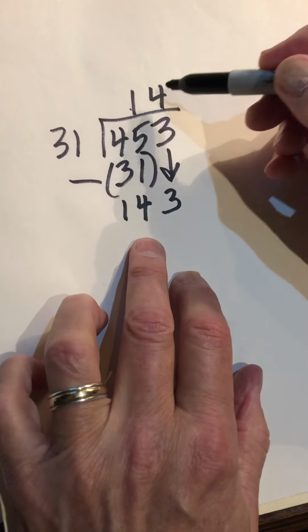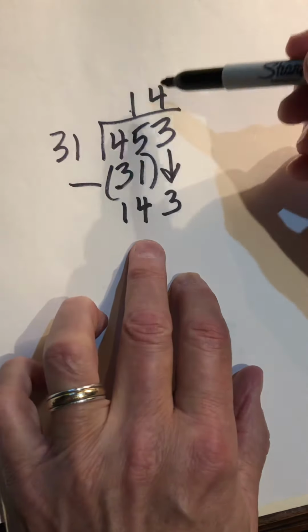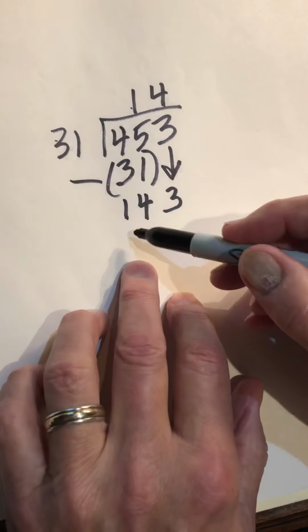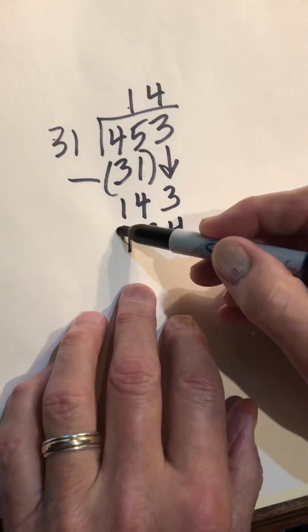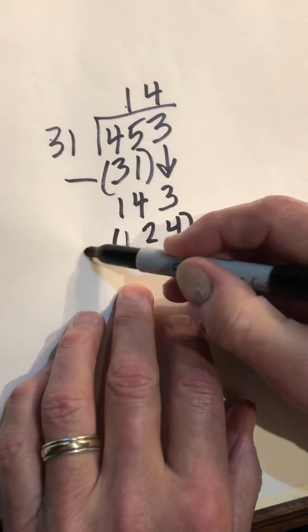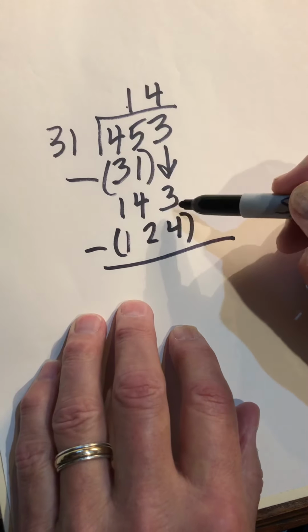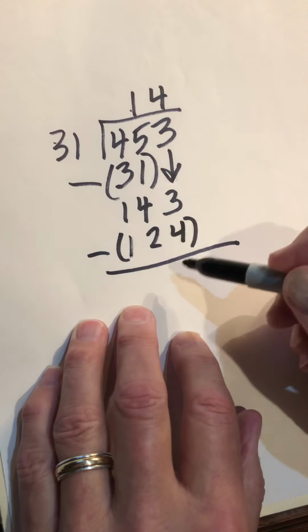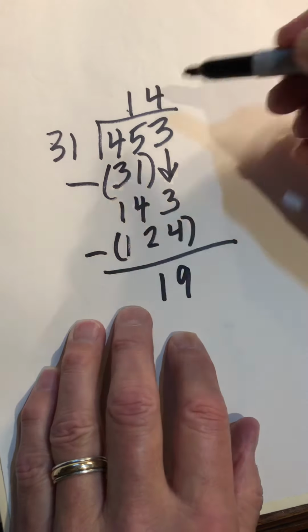What do I do with the 4? I multiply it by the divisor, and by the whole divisor. 4 times 31 is 124. What do I do with that? I subtract it because I'm repeating this whole process. And I subtract 124 from 143, and I get 19. And I've run out of room.